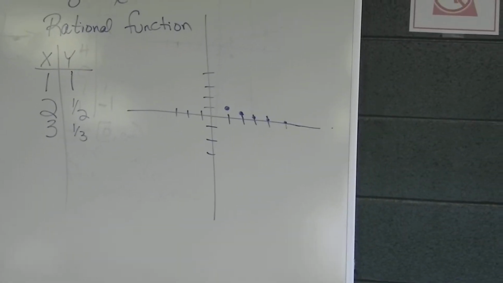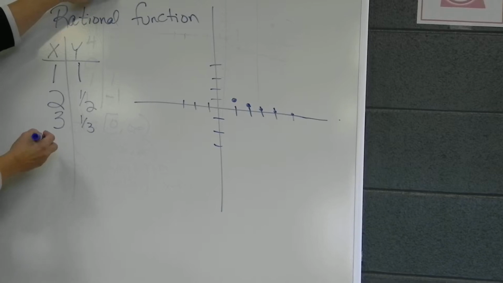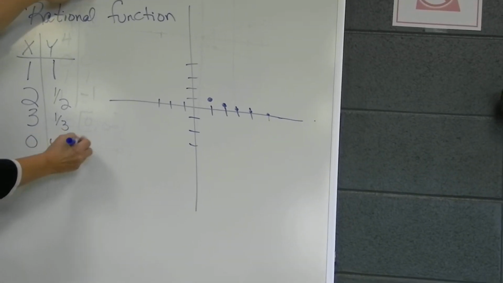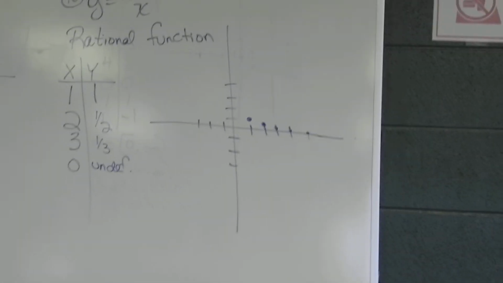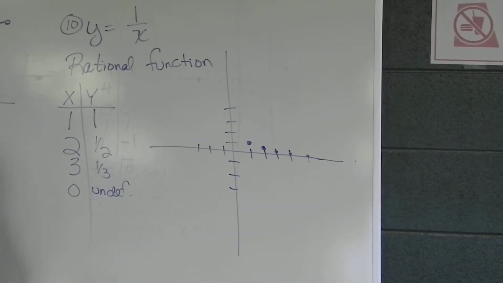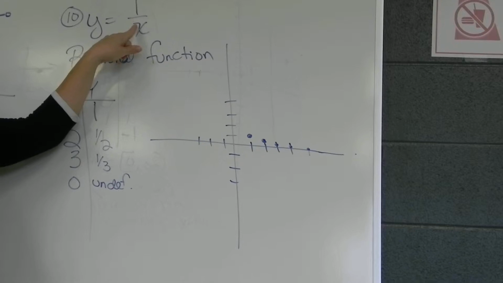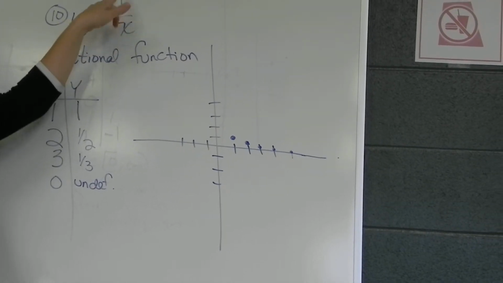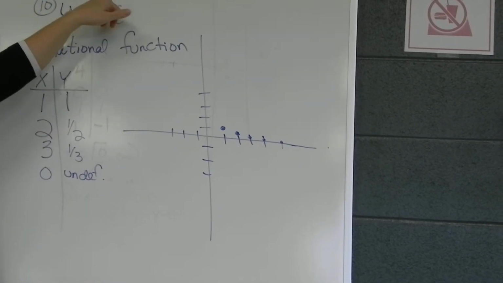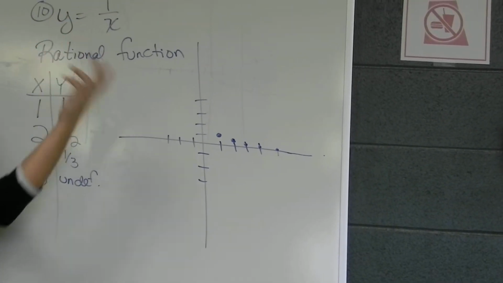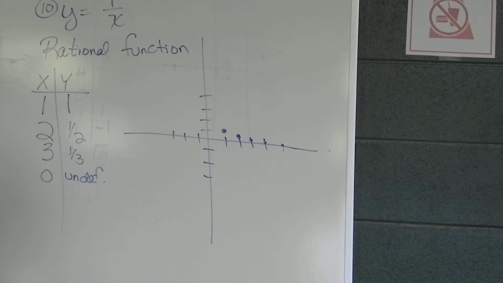I should try to plug in 0. 1 over 0, though, makes it undefined. So I can't actually ever get 0 for my x value, or actually for my y value. Because the only way to get an output of y equals 0 is if you had a variable there that you could make equal 0, but there's a 1. It's a constant. So I'm never going to be able to get an output of 0 for y either.